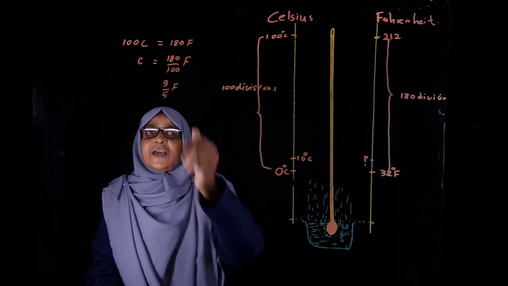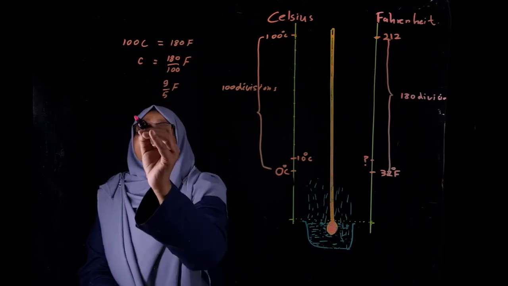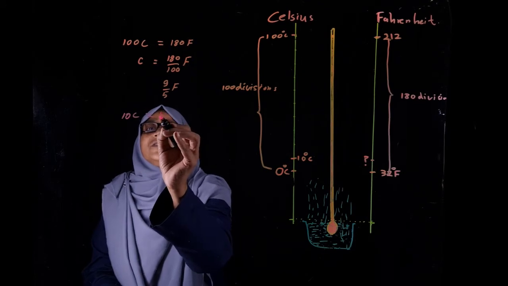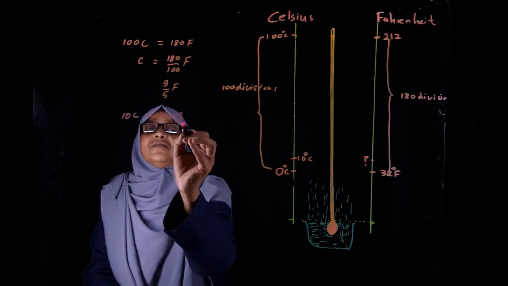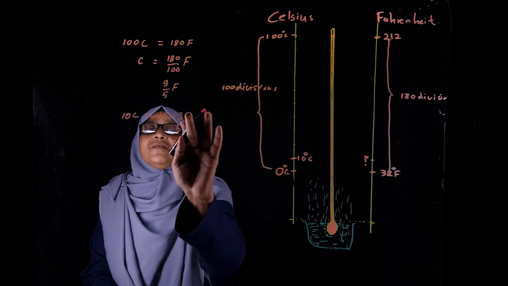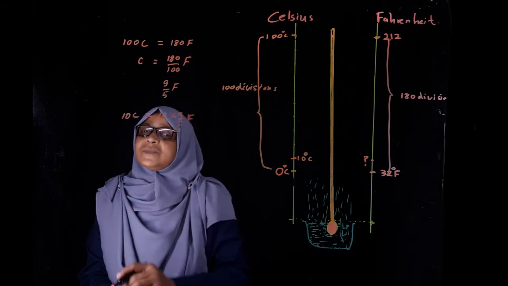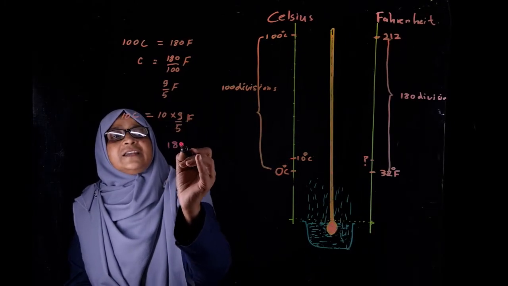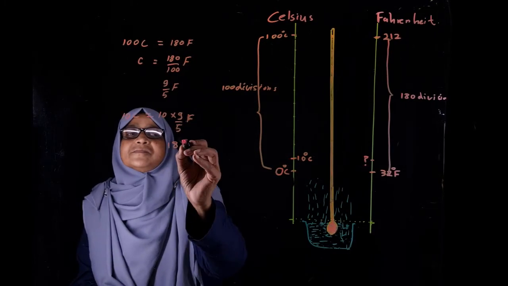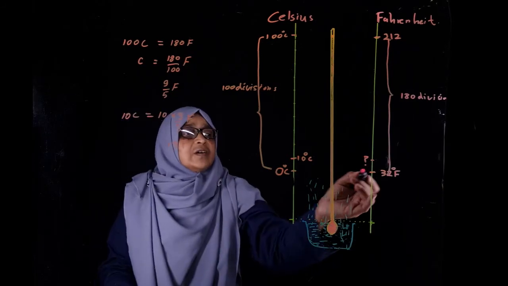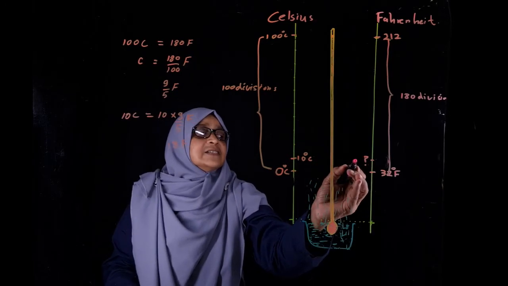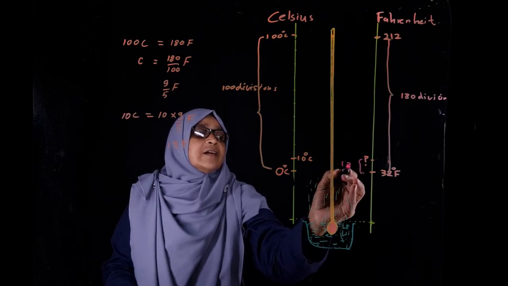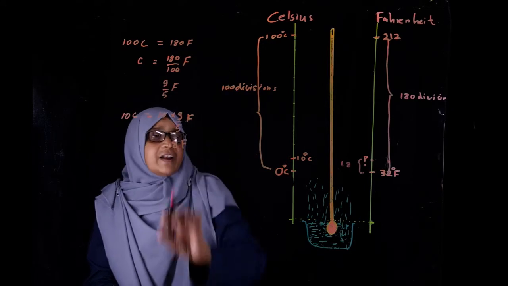So this is the way. So 10 C should be equal to 10 into 9 by 5 Fahrenheit. So that is 18 divisions. So this mercury level passes 18 divisions in Fahrenheit.